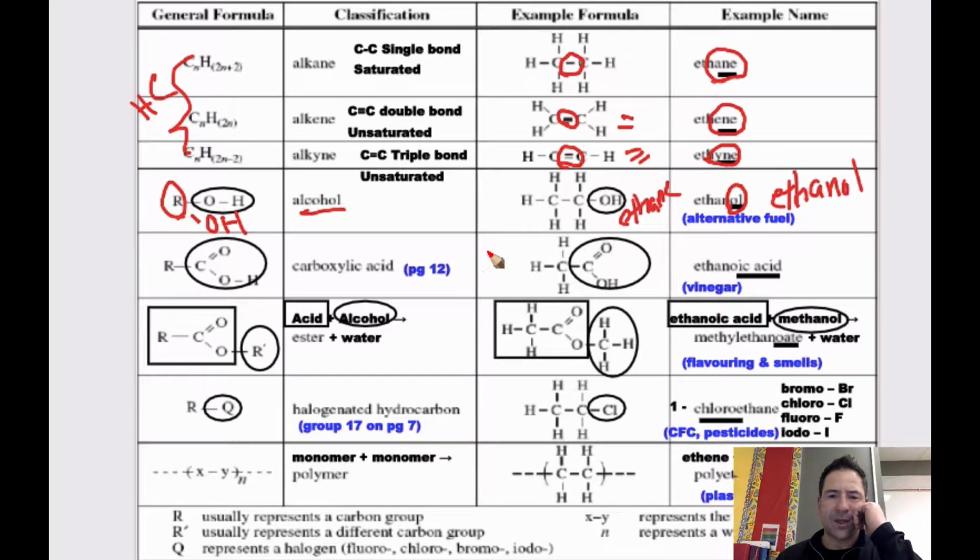The next type we have to talk about is the carboxylic acid.